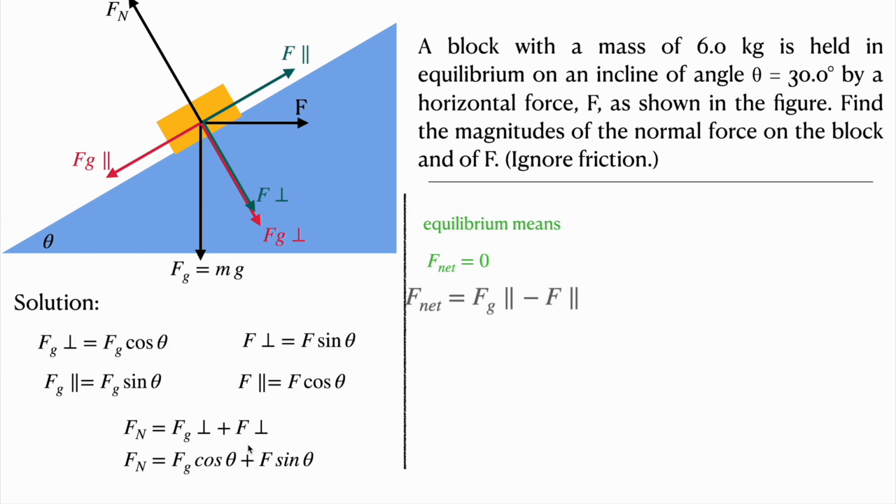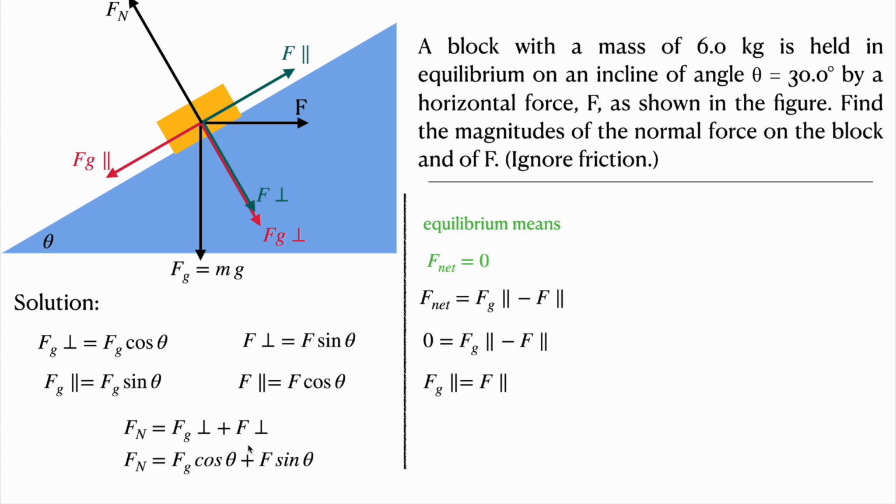That means if we add them or subtract them. When you are talking about adding them, we are talking about vectors, but if you talk about magnitudes, you actually have to subtract them. So you are subtracting Fg minus F, or F minus Fg. At the end of the day, they have to become 0. So if they are 0, that means they have to be equal.